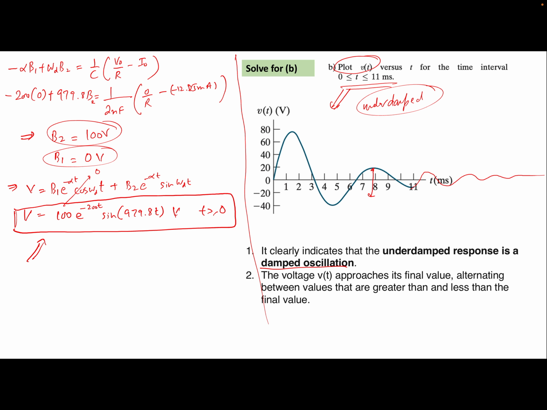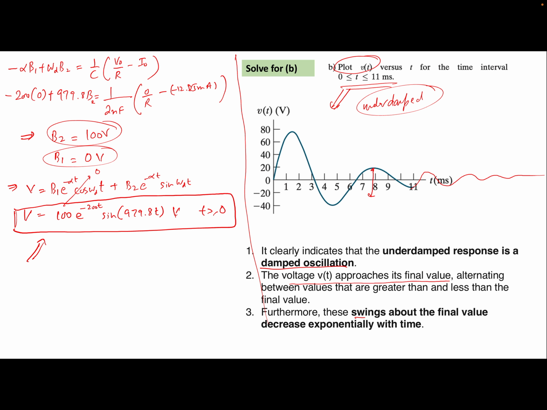And then, of course, as I just said, the voltage V of t is going to approach its final value while alternating across the final value. So it is going to go up and down around the final value while being attenuated, which is determined by the value alpha, and then it is going to reach the final value.